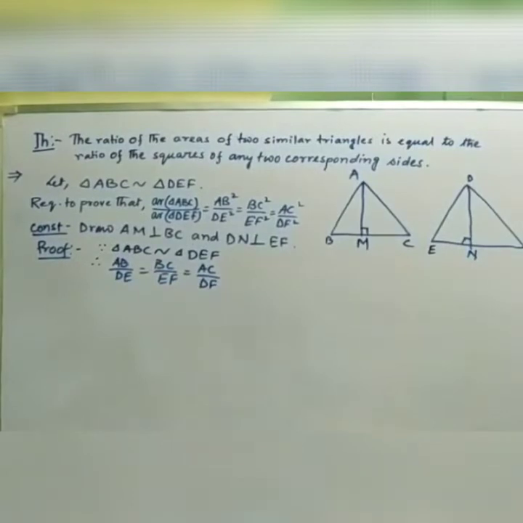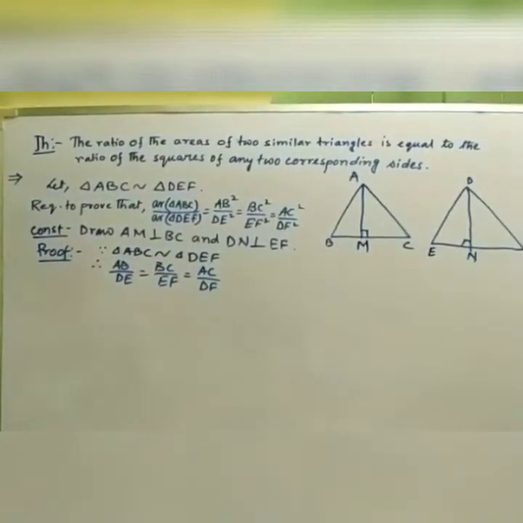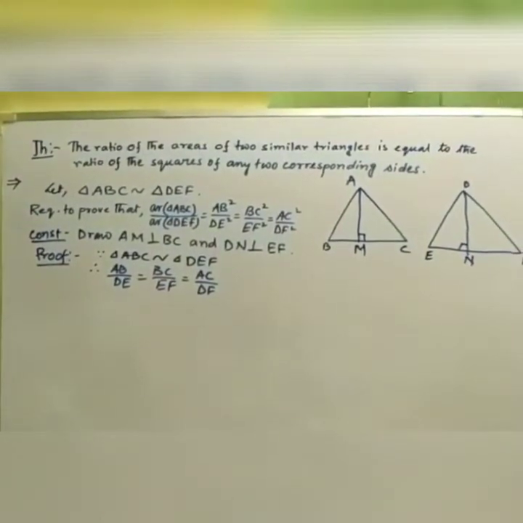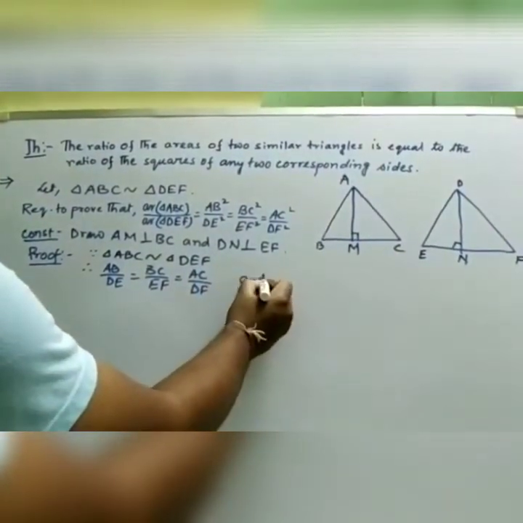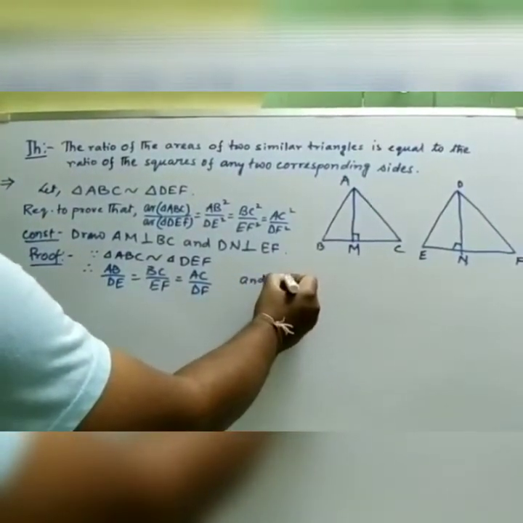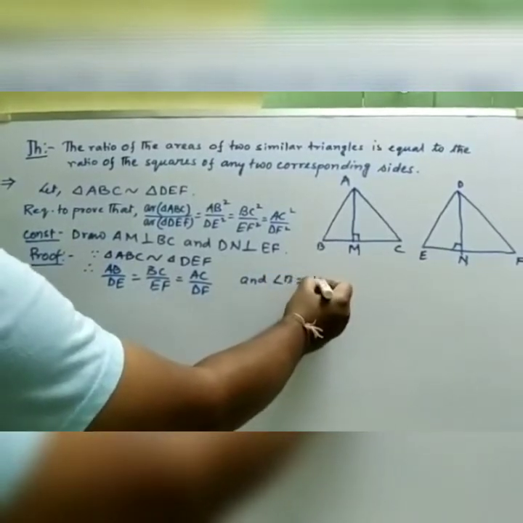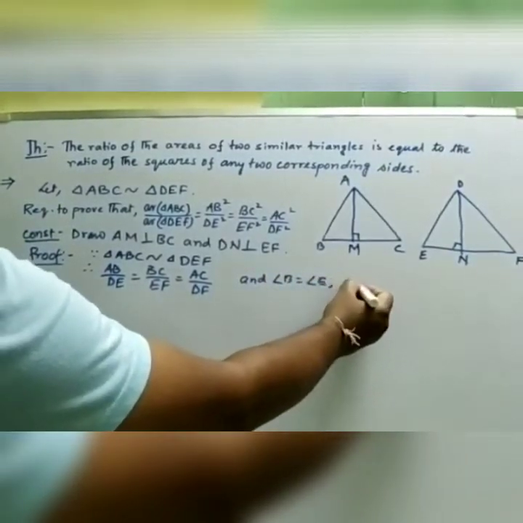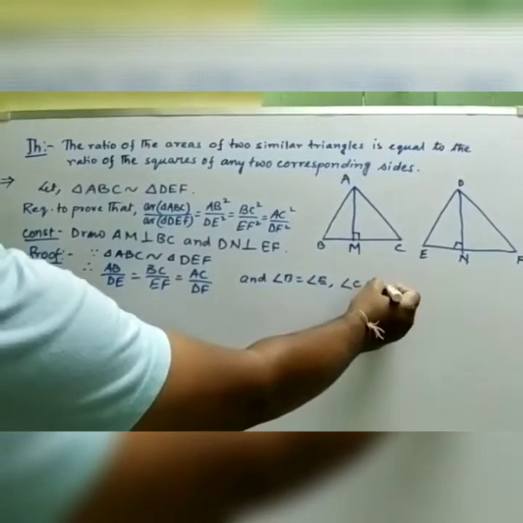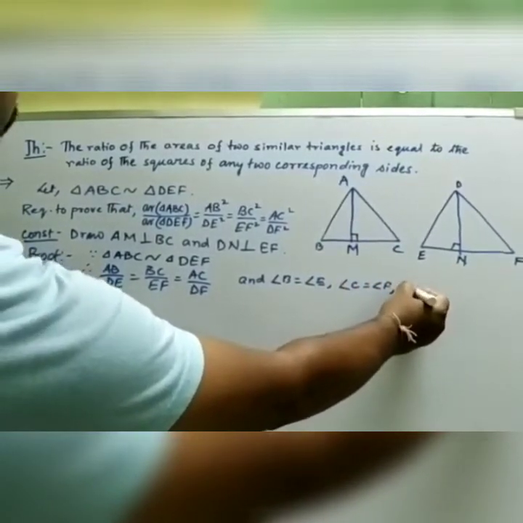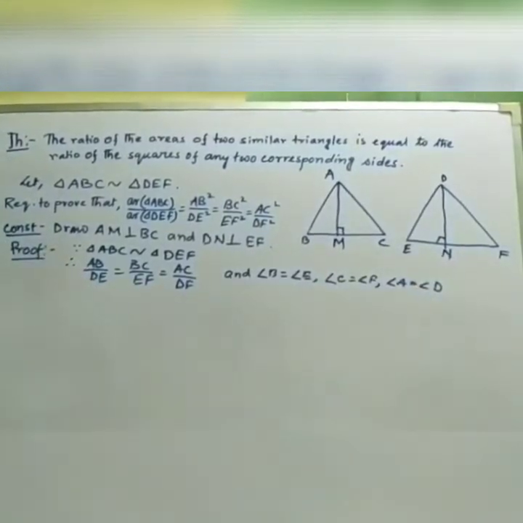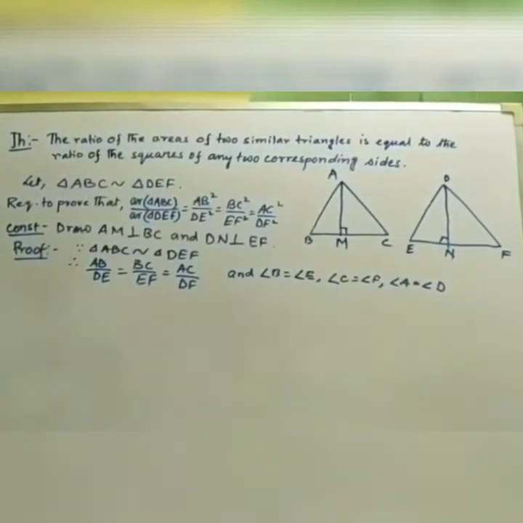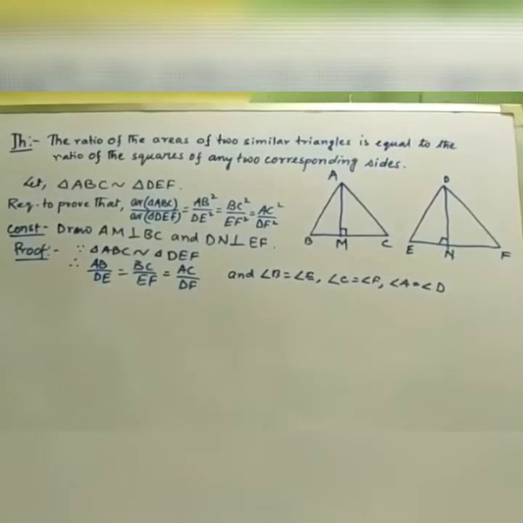As well as the corresponding angles will be equal: angle B equals angle E, angle C equals angle F, angle A equals angle D. Okay, so we got these two conditions as the triangles are similar.